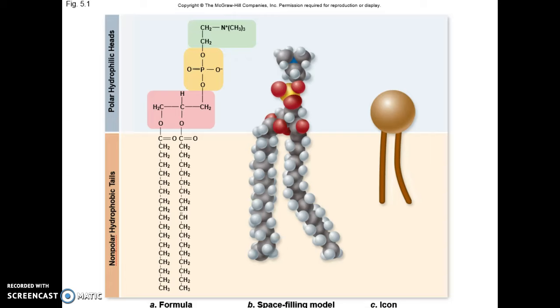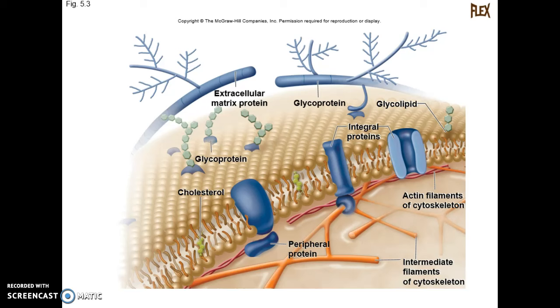The membrane also has those different proteins we talked about. Here's some great examples. We have the peripheral proteins, we have the integral proteins, we have surface marker proteins, we have cytoskeletal proteins. Proteins are also a key feature of these cell membranes. It's not just phospholipids. Phospholipids make up the bulk of the membrane.